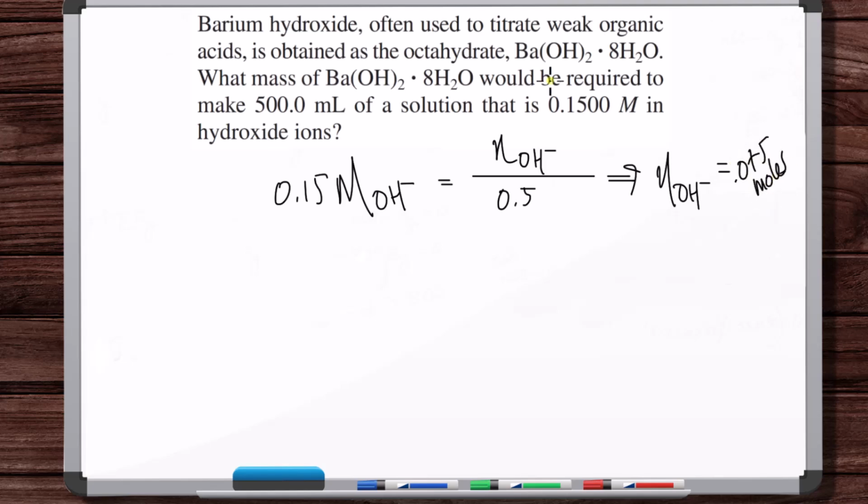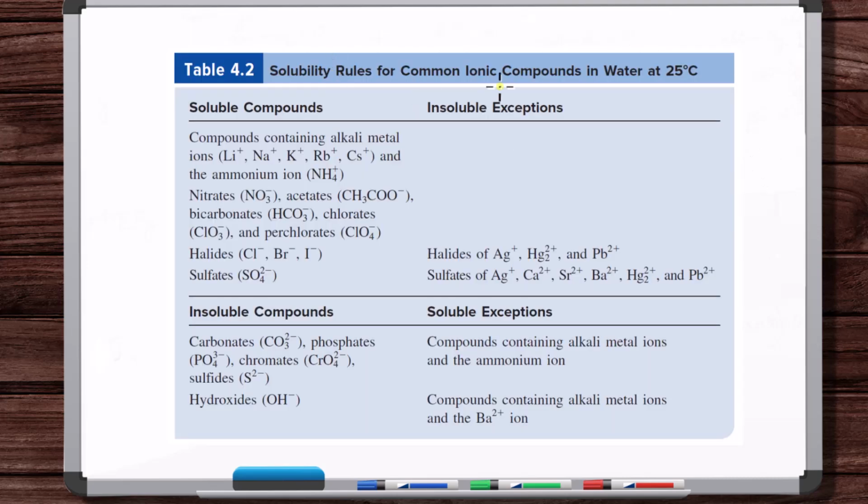Now we need to think about what happens when you dissolve this barium hydroxide octahydrate in water. Barium hydroxide, Ba(OH)2, is an ionic compound, and if we come to the solubility rules for these ionic compounds at room temperature, and they haven't stated any other temperature, so we're assuming all of this is at room temperature, 25 degrees Celsius.